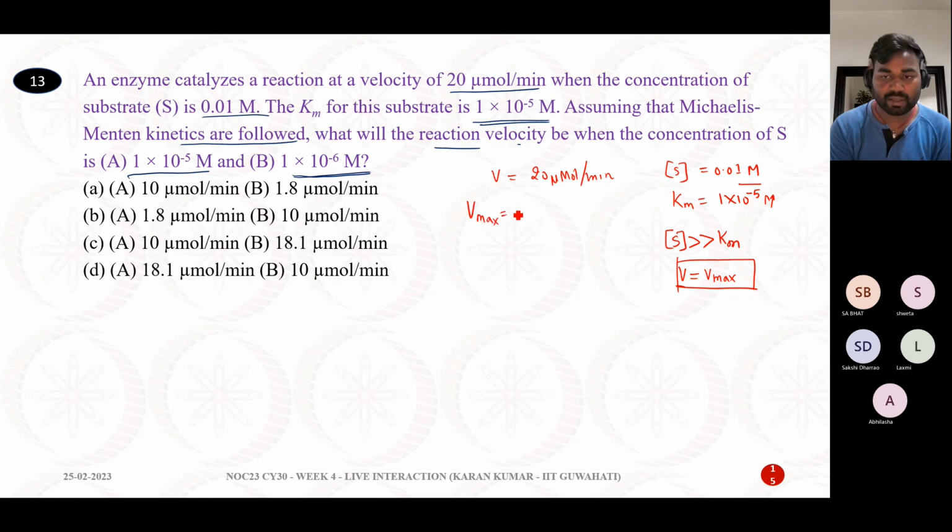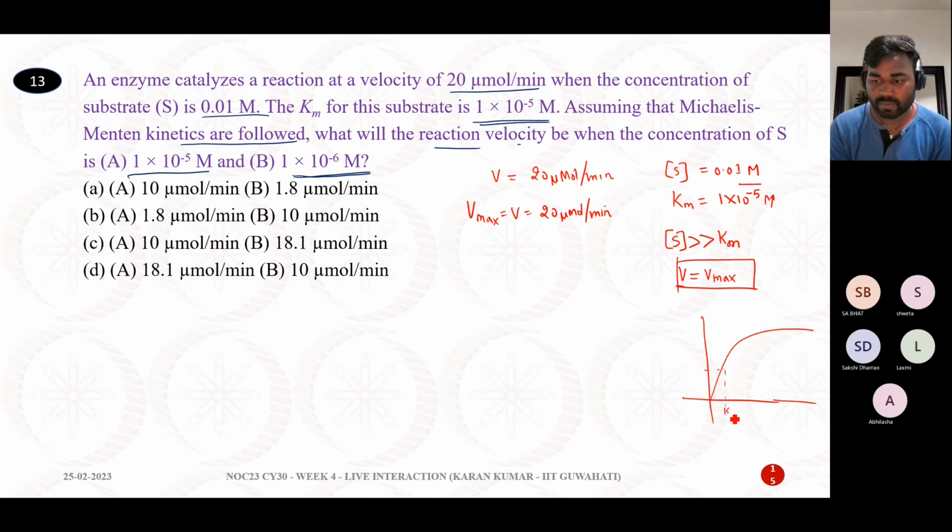So Vmax will be equal to 20 micromole per minute, and we get this analogy from the curve. This is your Km. It is given that at a much higher concentration of substrate, the reaction velocity is at Vmax, so V is equal to Vmax, which is 20 micromole per minute.